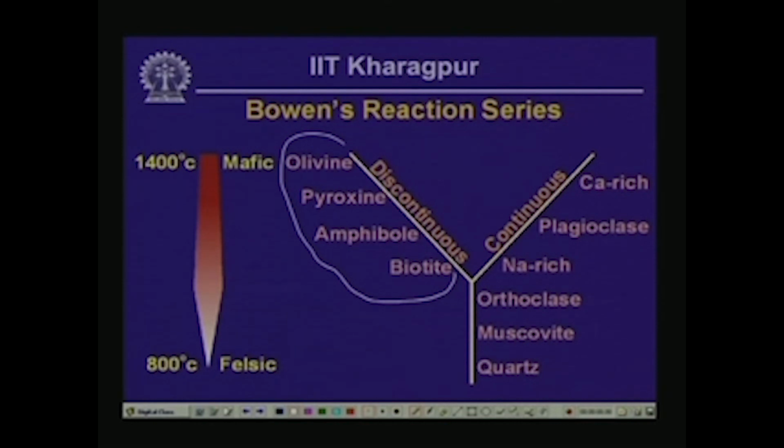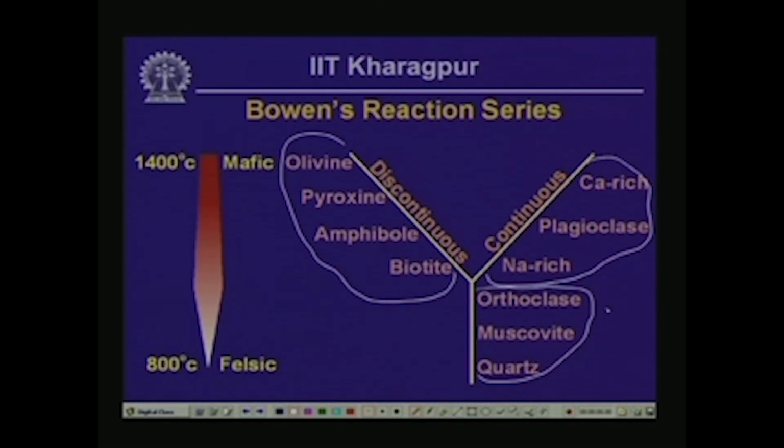This is the class of minerals on the discontinuous series, and then you have another class of minerals that form a continuous series as the rock forming matter becomes cooler and cooler. And then finally, when the rock forming magma cools further, the two series coalesce, and what you end up with is another set of minerals. These things actually precipitate at a relatively lower temperature.